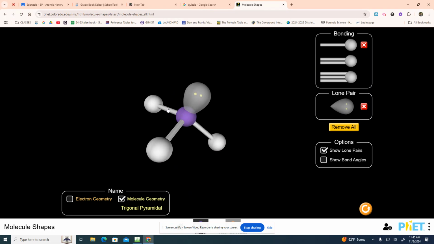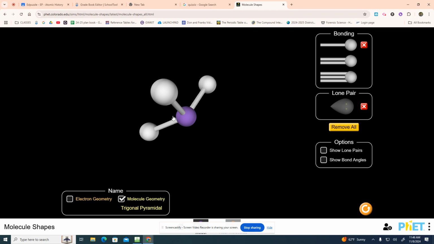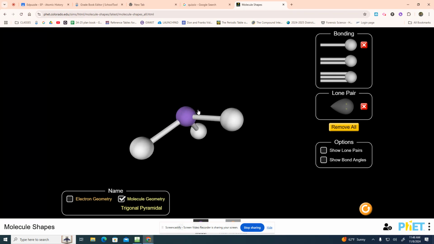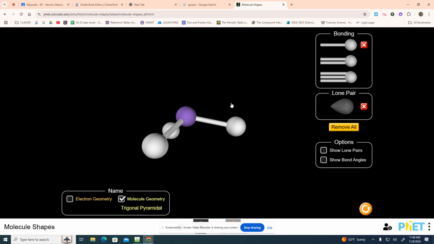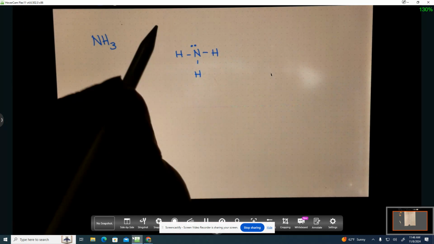You see how they went down? Can you see that? See how they're all facing down a little bit? Because that non-bonding pair of electrons is still taking up room up here. Even though you can't see it, it's there. It's pushing all of these hydrogens down.